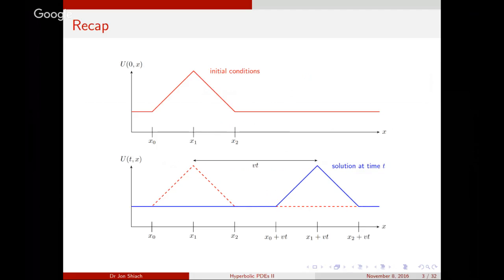So after a certain amount of time, after t seconds, this triangle, which was here, has been moved along up here. So the distance moved is v times t. Velocity times time gives you distance. Okay, so if this was our initial condition, that would be our exact solution using the advection equation.